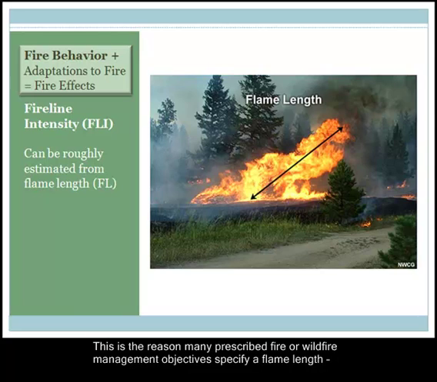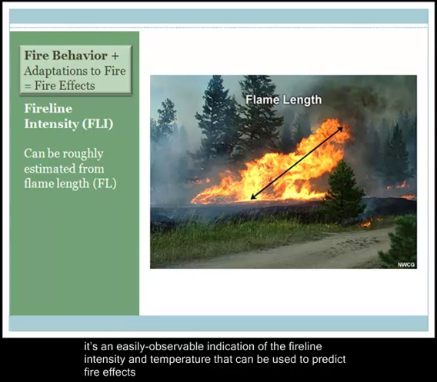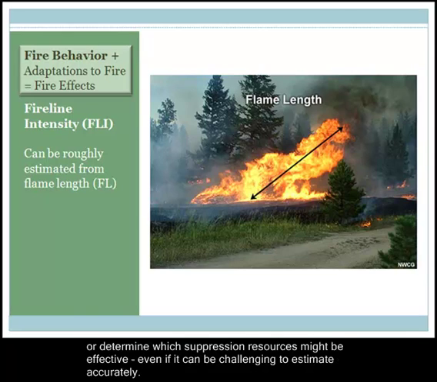This is the reason many prescribed fire or wildfire management objectives specify a flame length. It's an easily observable indication of the fire line intensity and temperature that can be used to predict fire effects or determine which suppression resources might be effective, even if it can be challenging to estimate accurately.